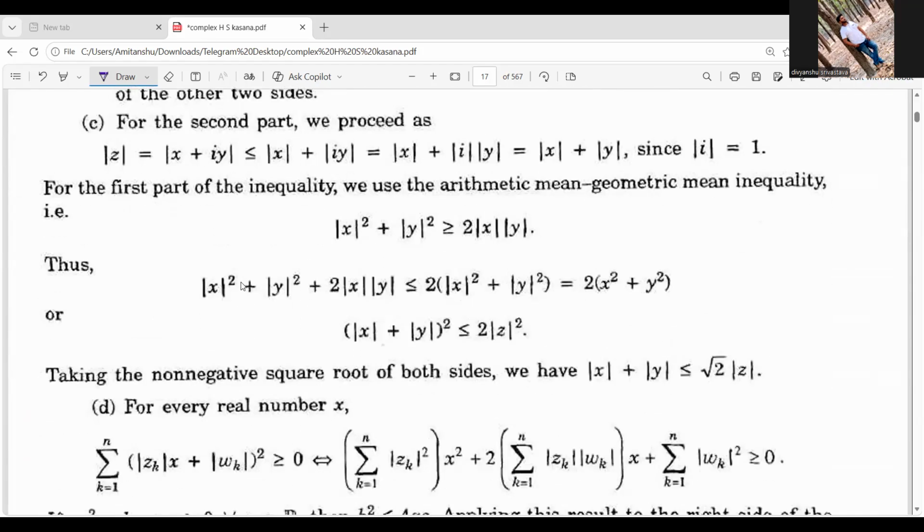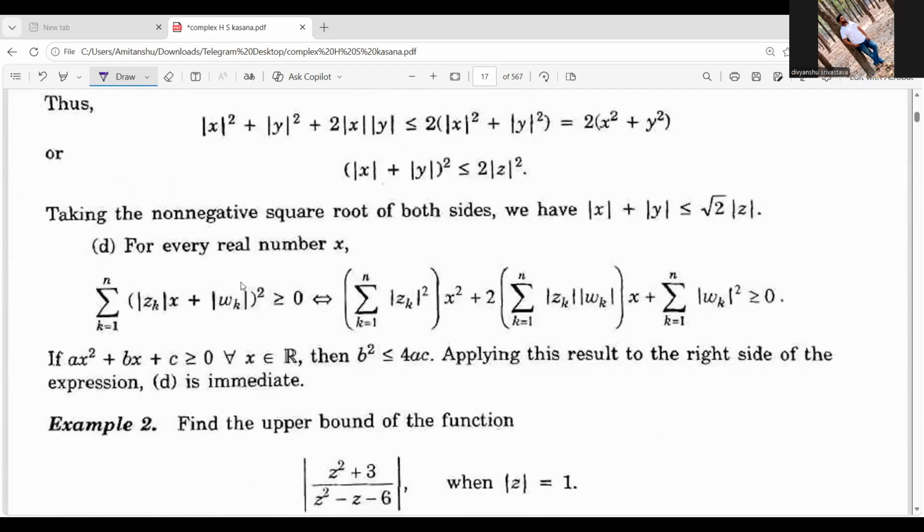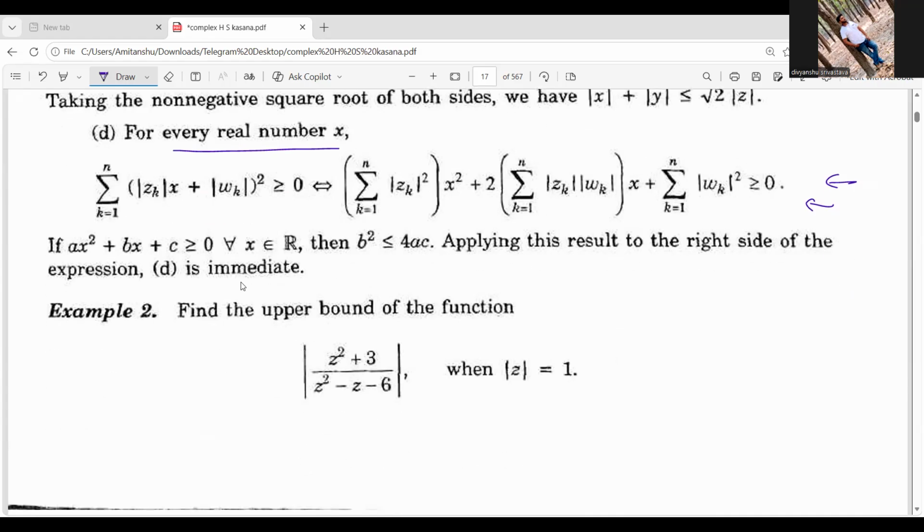For every real number x, this is your squares inequality, and you write it like this: summation k equal to 1 to n of modulus zk x plus wk square is greater than or equal to 0. Apply here ax square plus b. Yeah, this is your upper bound of that function.